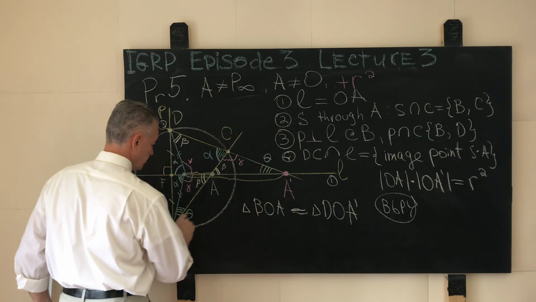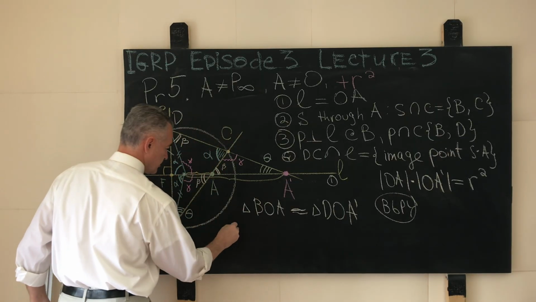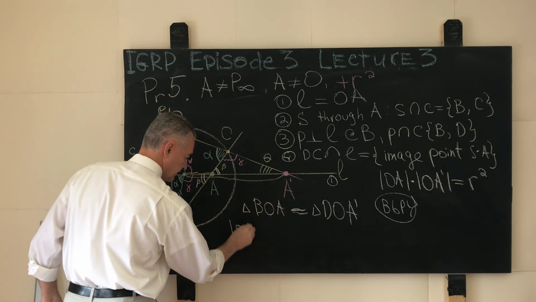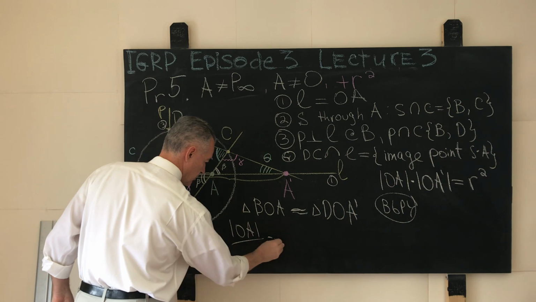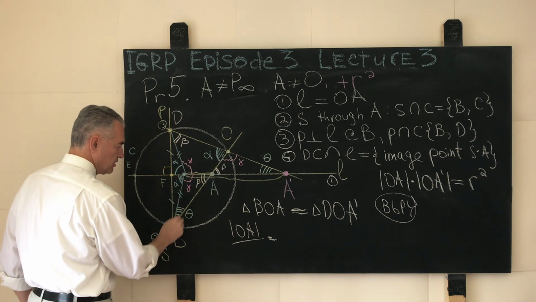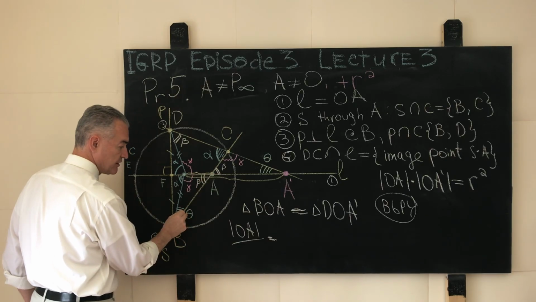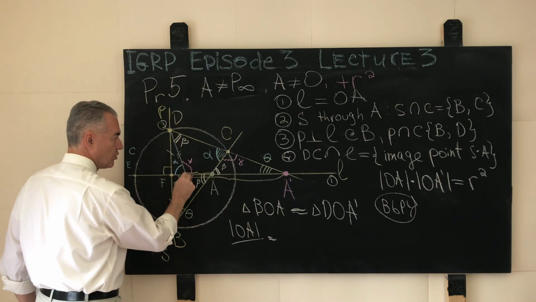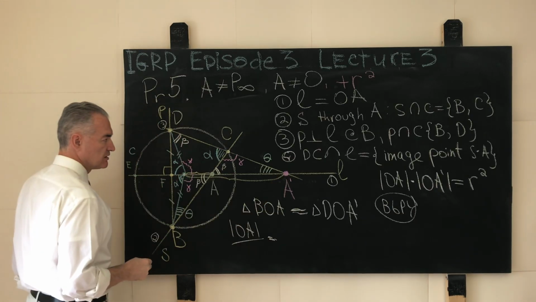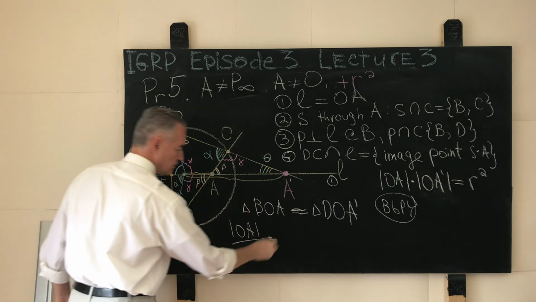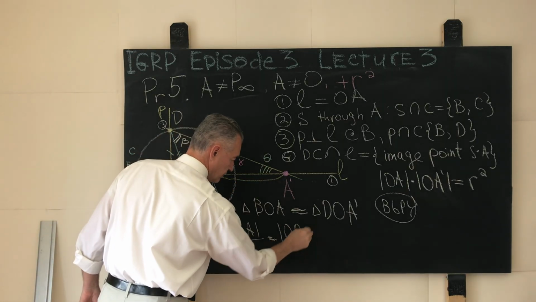So in the triangle BOA, what do we need? We need the distance OA. OA, exactly. In the triangle BOA, the side OA lies opposite the angle theta, you see. Which side in the bigger triangle DOA prime lies against the angle theta? Well, it's OD. OD.